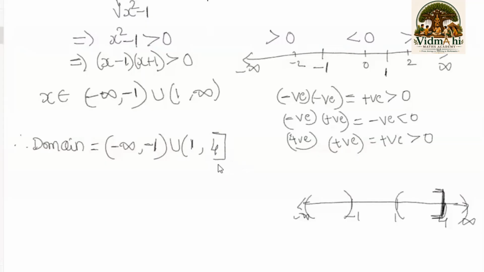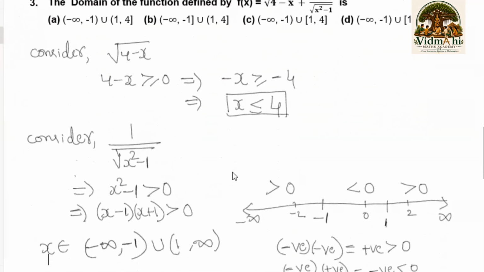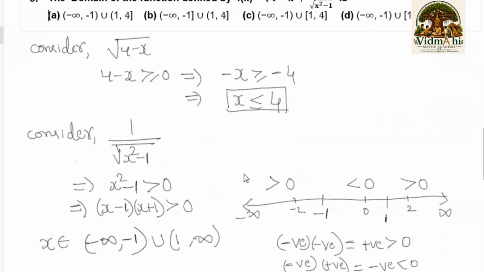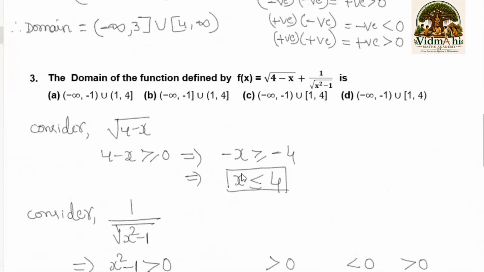So that is the answer: minus infinity comma minus 1 union 1 to 4. Here the first option is the correct one. First option, minus infinity comma minus 1 open interval and union 1 to 4.